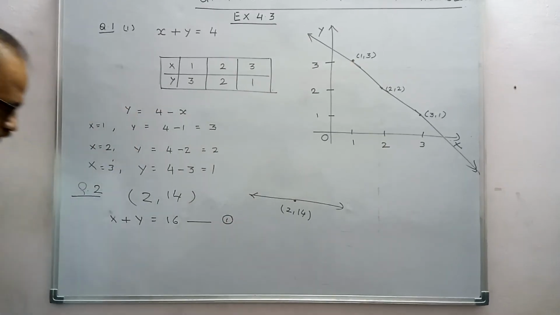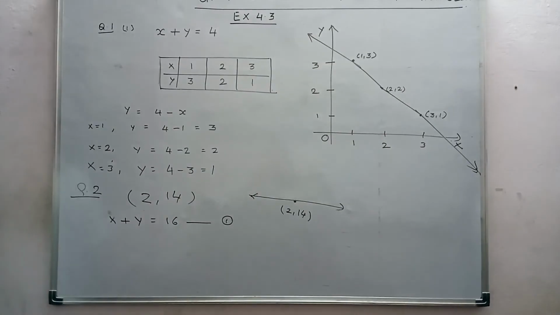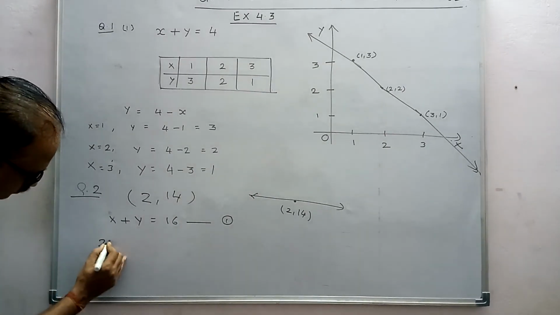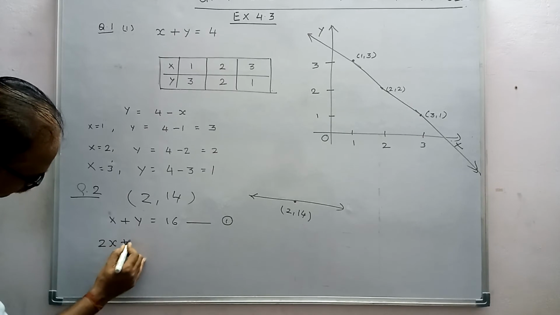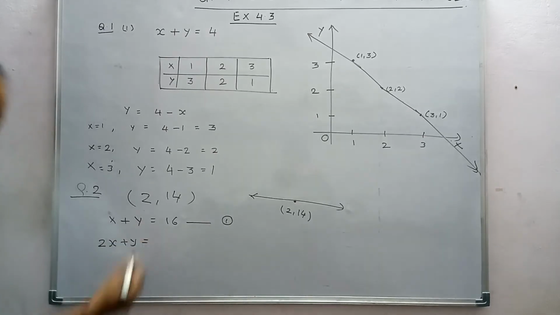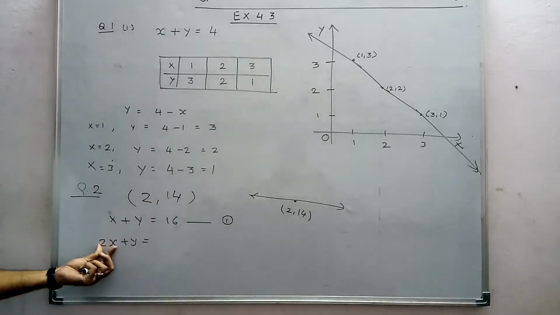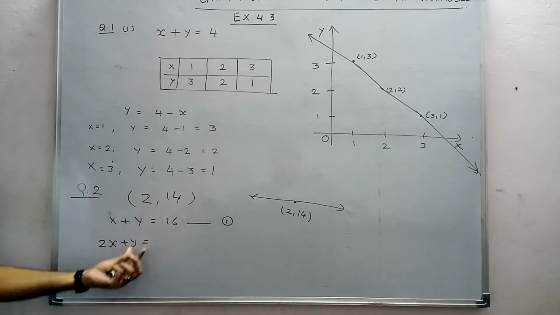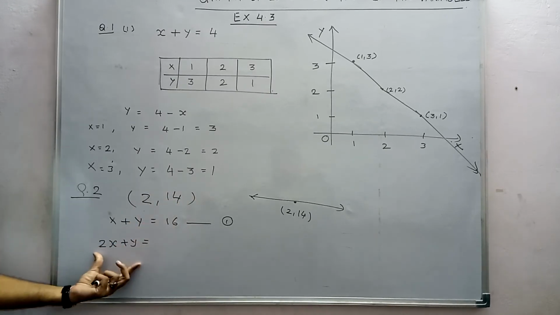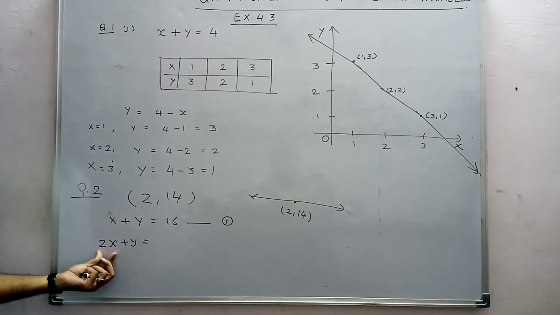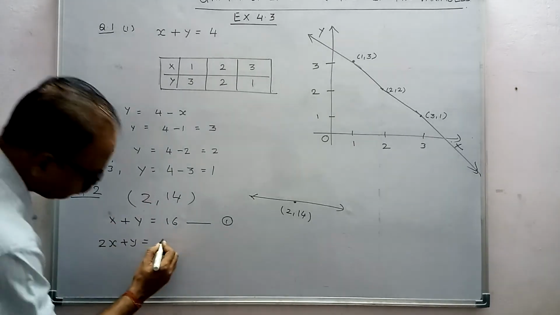Similarly, you can take any other relation. Suppose I write 2x plus y. That is equal to 2 into 2, which is 4, plus 14, that is equal to 18.